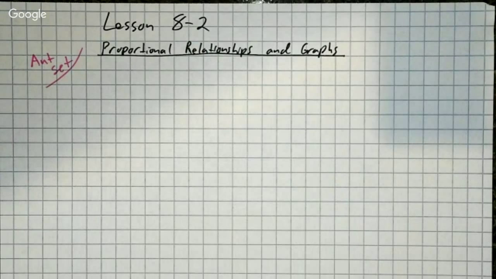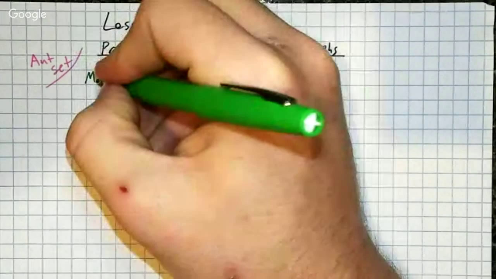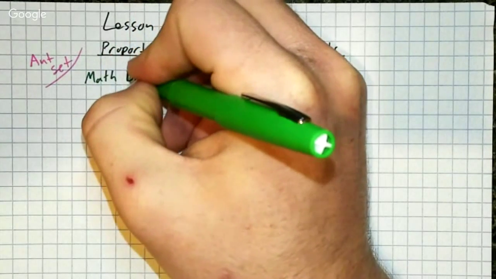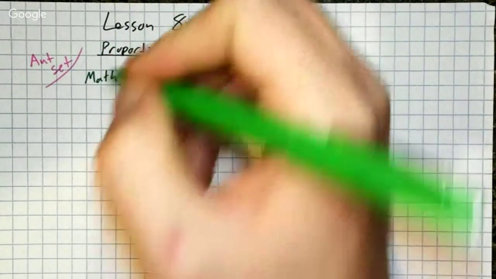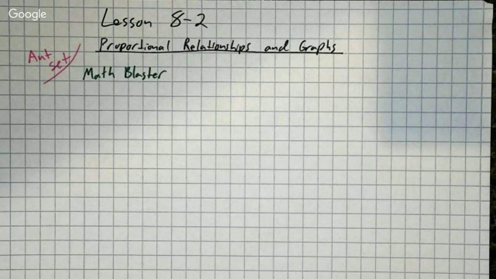I'm excited about our anticipatory set today because I was thinking about what I was going to talk about, and what I came up with. I don't know if anyone's ever heard of or played this game, but it was called Math Blaster, and it was like the coolest game ever. When I was going through school, Math Blaster, you're this little spaceman and you'd have to go around and solve problems and do things.